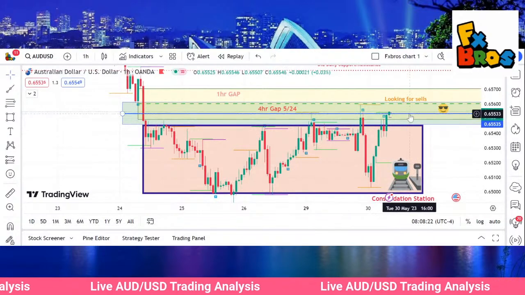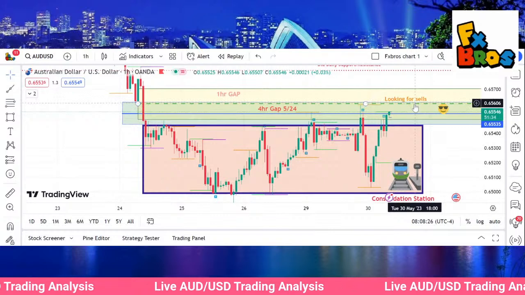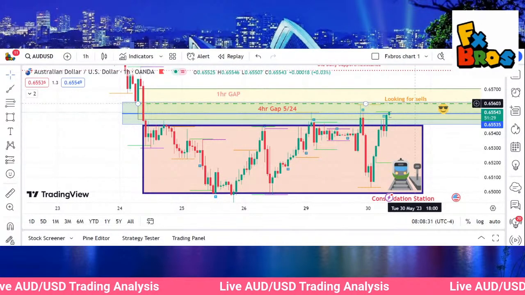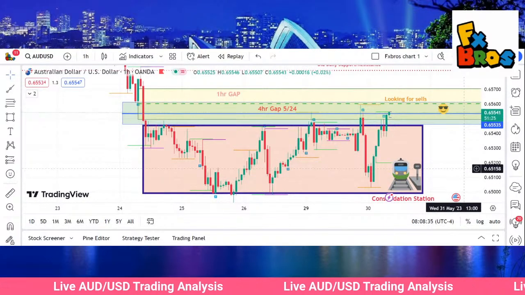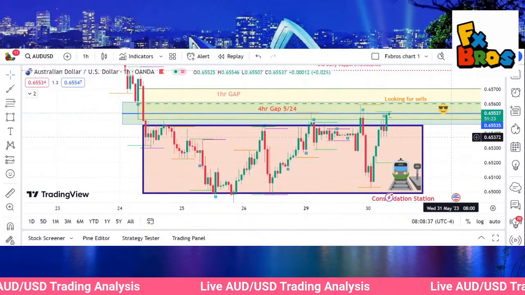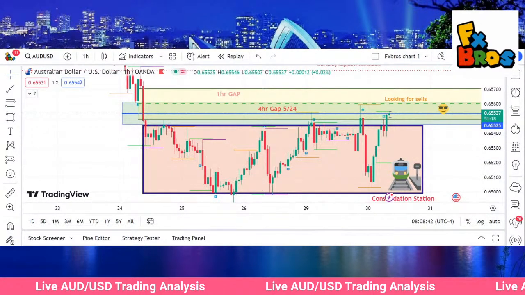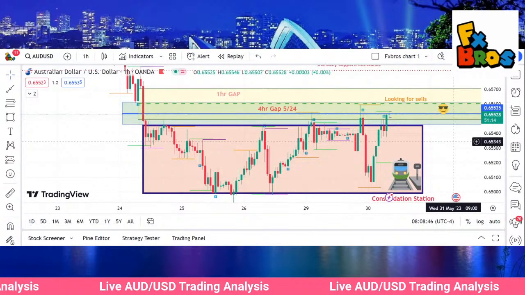Let's see how prices are going to reject 65.60. I want to see how price will reject that. Then we're going to let this next hour candle close.